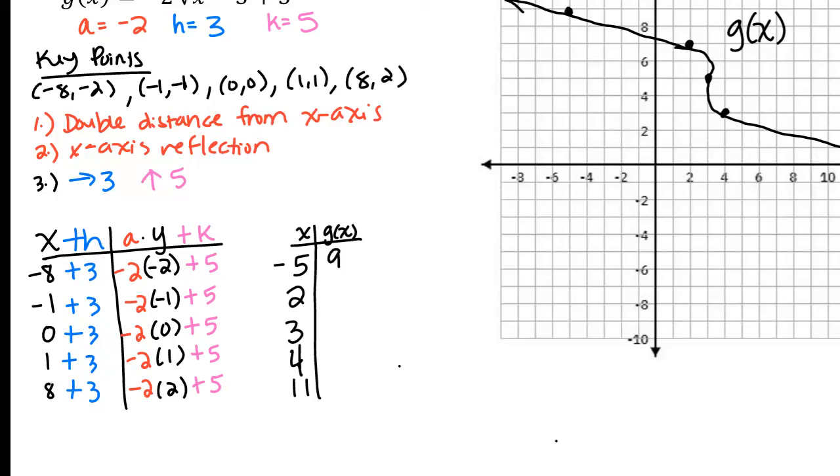-2 times -1 will be a +2, and 2 plus 5 gives you 7. -2 times 0 is 0, and then 0 plus 5 is 5. Negative 2 times 1 is negative 2. Negative 2 plus 5 gives you 3. And then negative 2 times 2 is negative 4, plus 5 gives you positive 1.